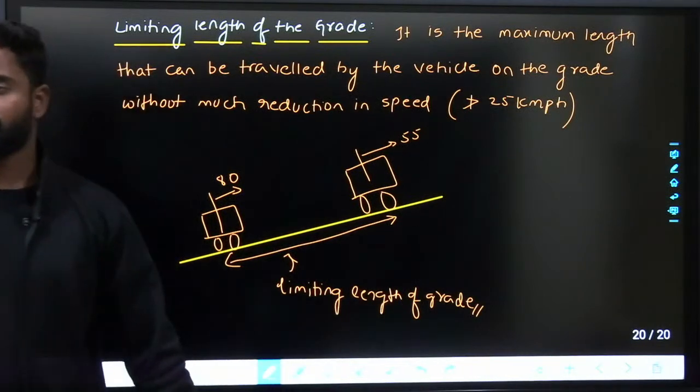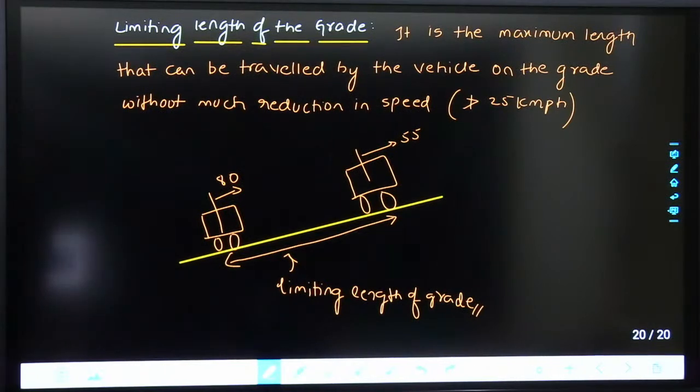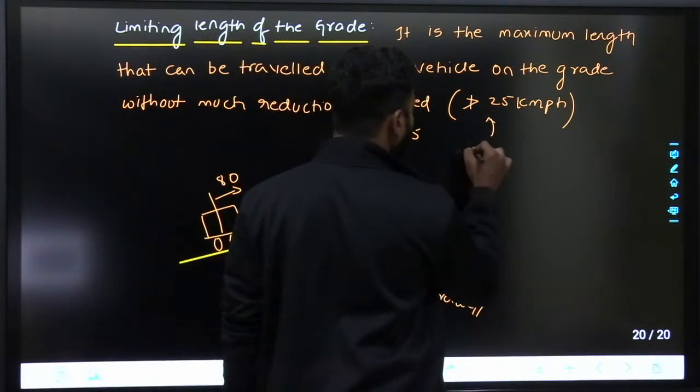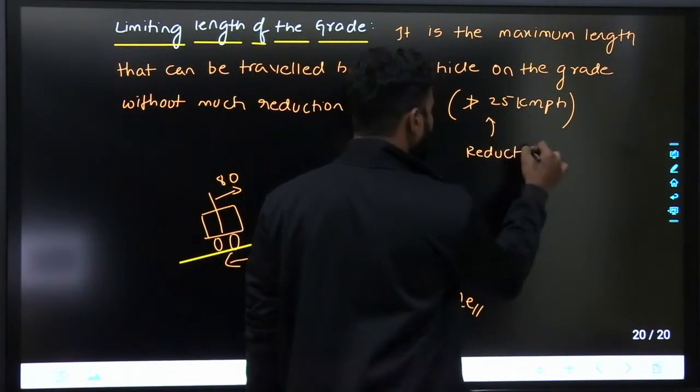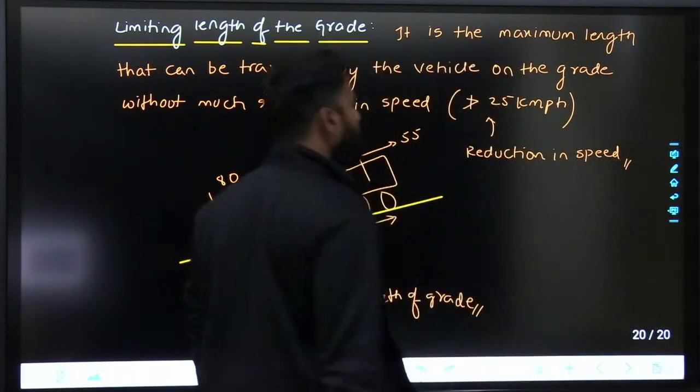Any doubts in this? Reduction in speed should not be more than 25 kilometers per hour.